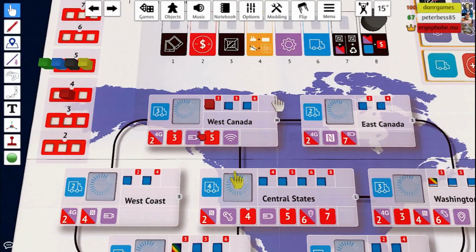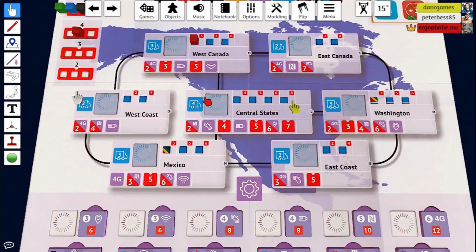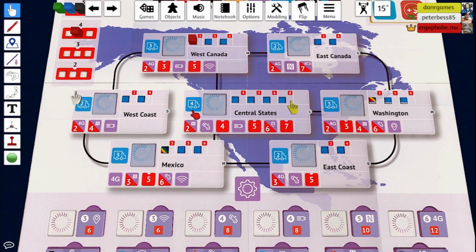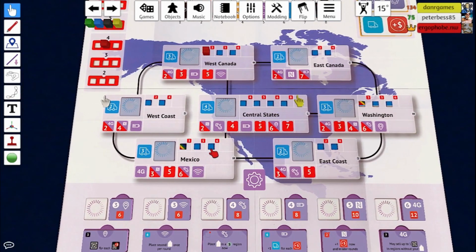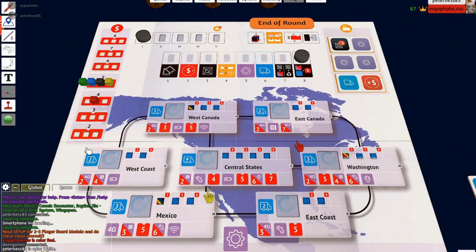So you want to be careful going into somewhere that somebody else already is. If you can't get majority, you're actually giving them more points by going in somewhere. In 4-player games there are secondary points, but not in the 3-player. And that's a round. Hopefully that makes some sense.